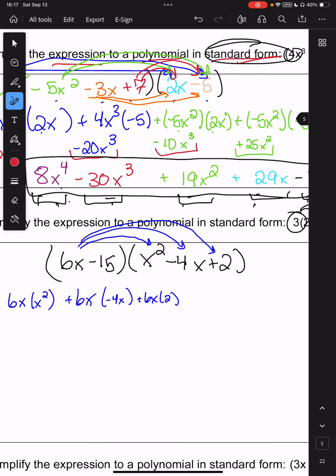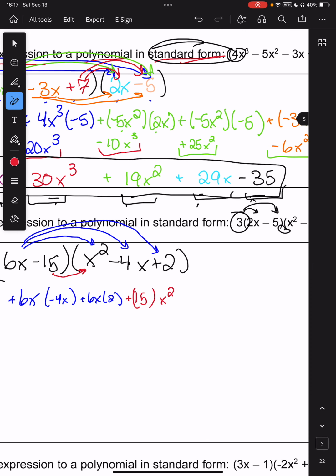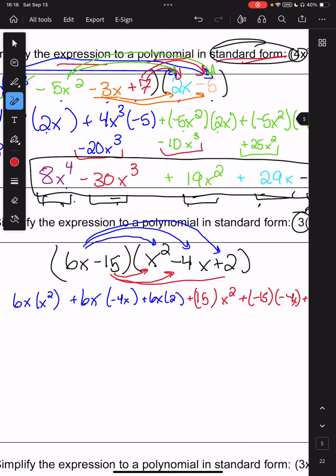These questions aren't too difficult, it's just a lot of work. We have a lot of stuff to do. So now we are going to multiply out our negative 15 times our x squared. Then we're going to multiply out our negative 15 with our negative 4x. And then finally our negative 15 with our positive 2.